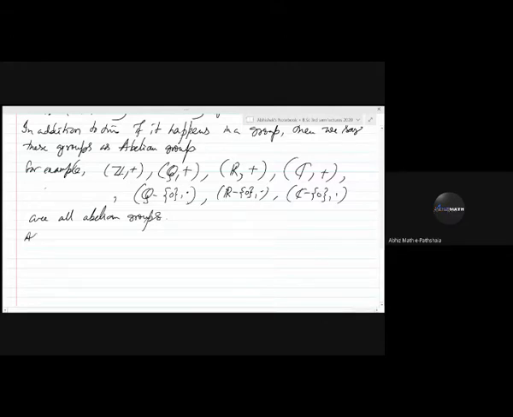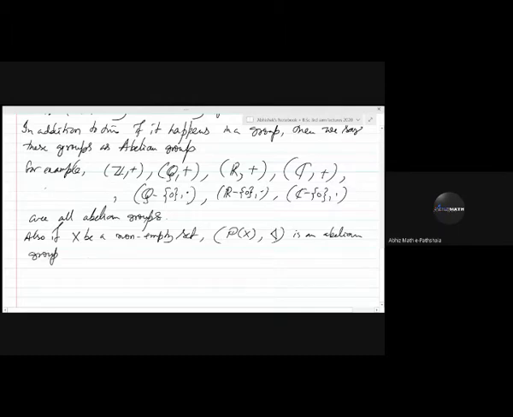Also, if X is a non-empty set, then the power set of X with respect to symmetric difference, we have already proved that this forms a group, but this is actually an abelian group, right?